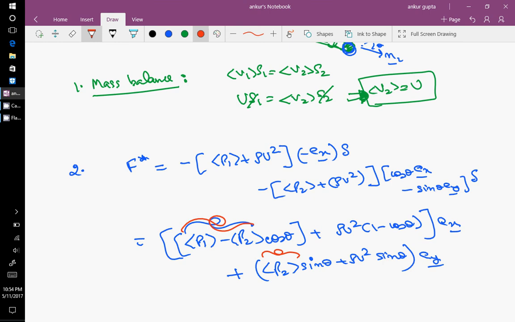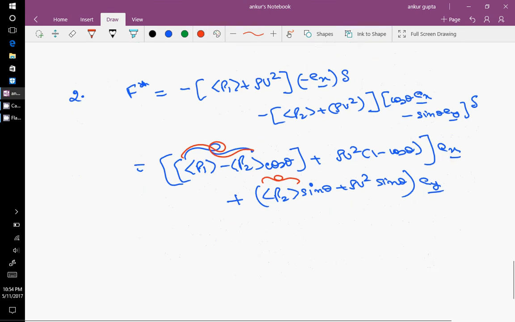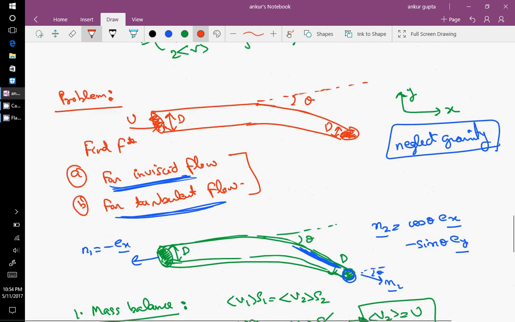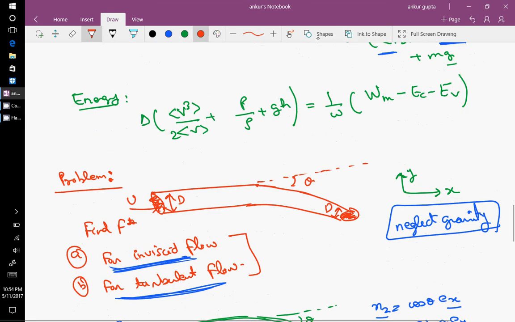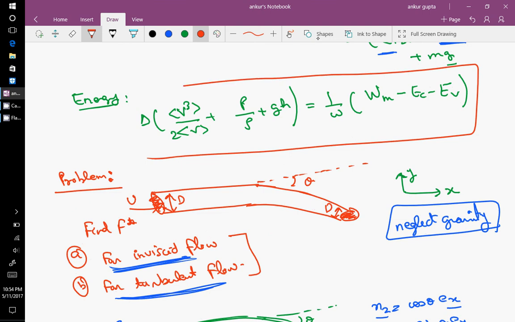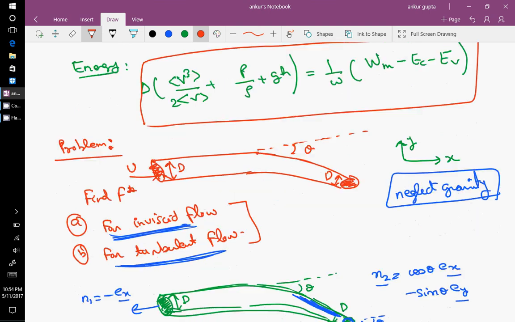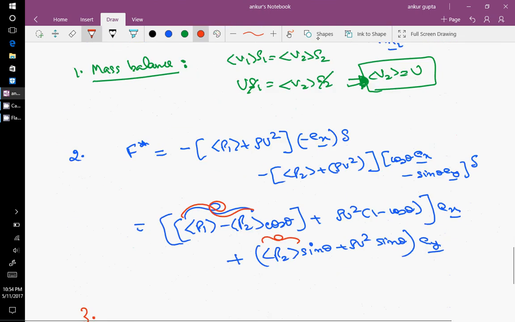So let us go into the third thing, which is the mechanical energy balance. For inviscid flow and turbulent flow, the mechanical energy balance will be different, and that will change this P1 minus P2. Mainly, we can assume P2 to be 0, and that will change P1 minus P2.